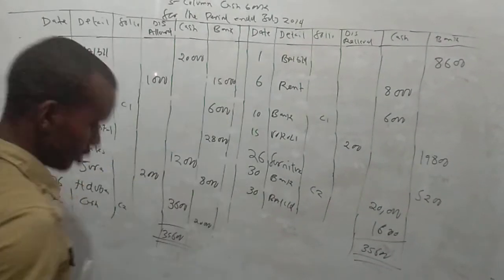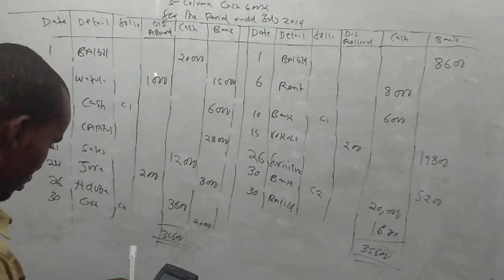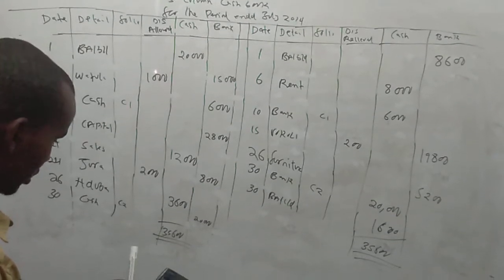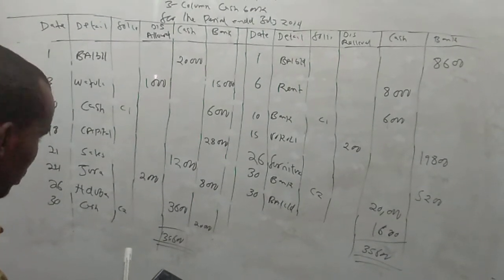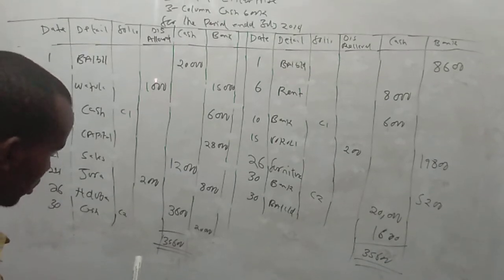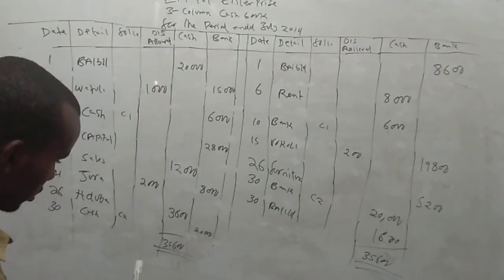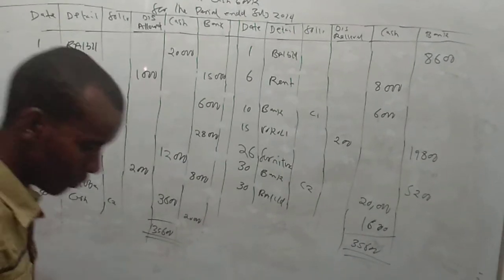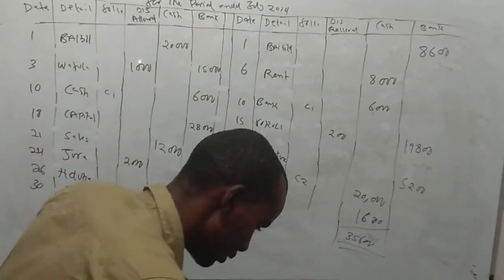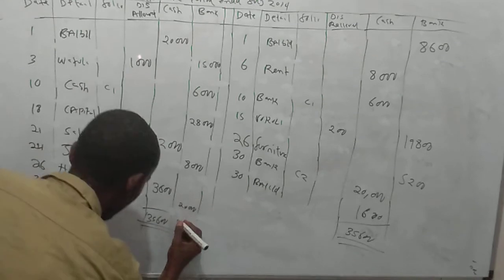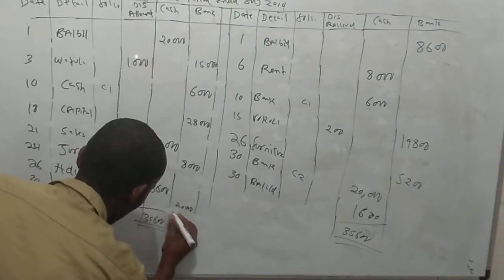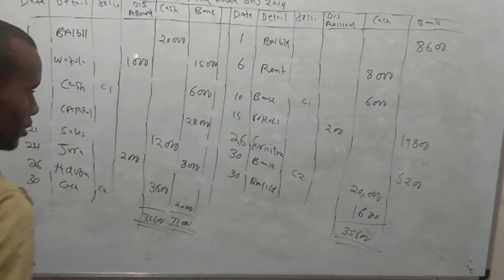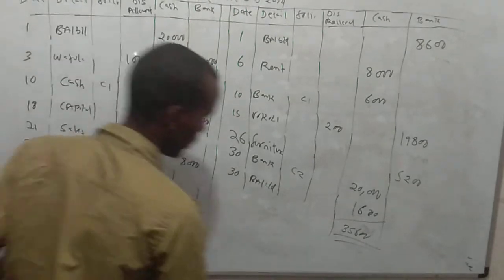Now we balance the bank. Bank we have 15,000 plus 6,000 plus 28,000 plus 8,000 plus 20,000. I'm getting 77,000. It means our bank will balance at 77,000.